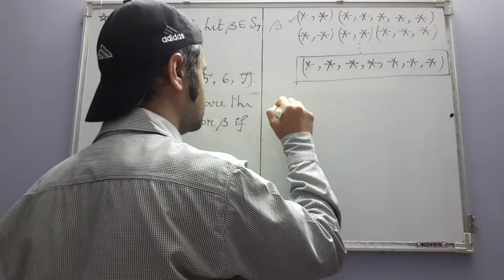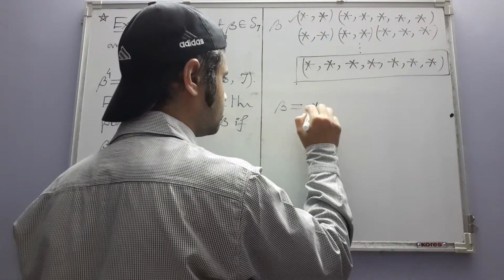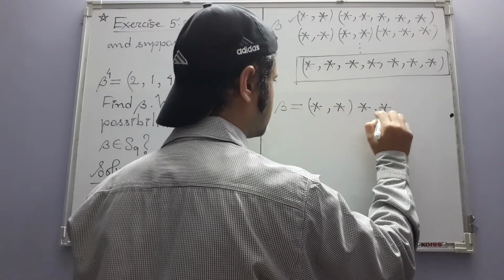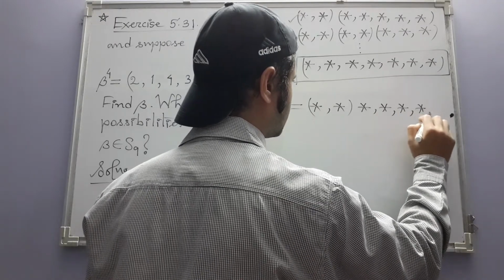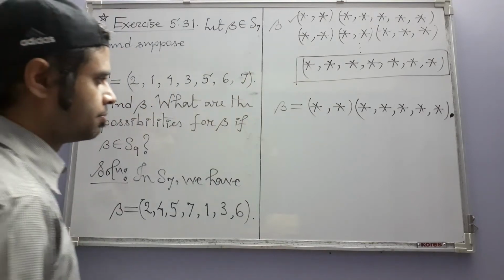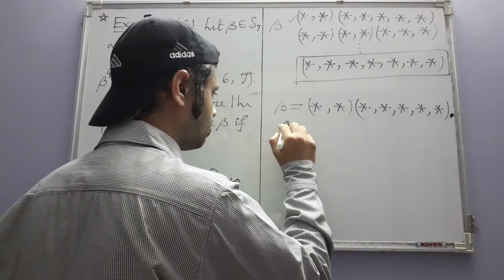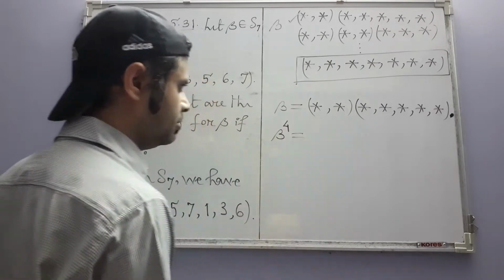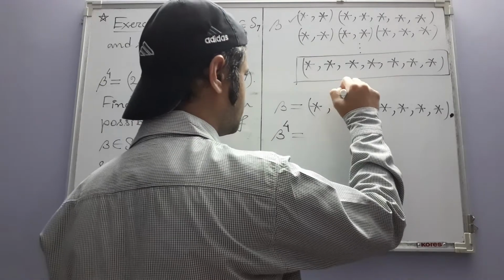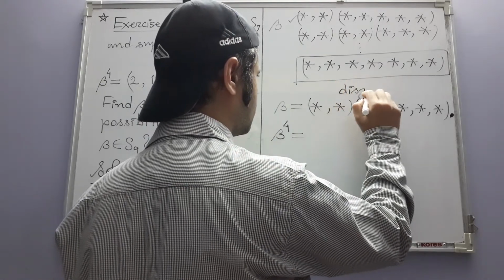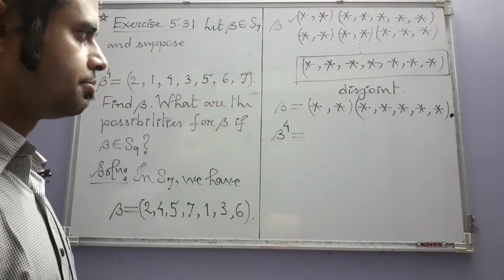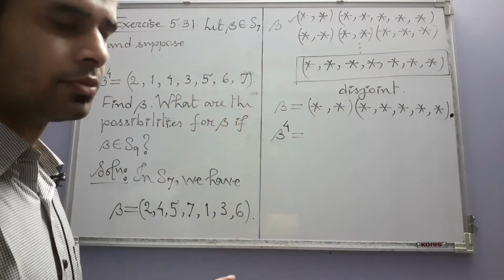Say beta is of this form. It's a product of a 2 cycle and a 5 cycle. Then what will beta to the power 4 be? Note that because the cycles are disjoint, they commute.